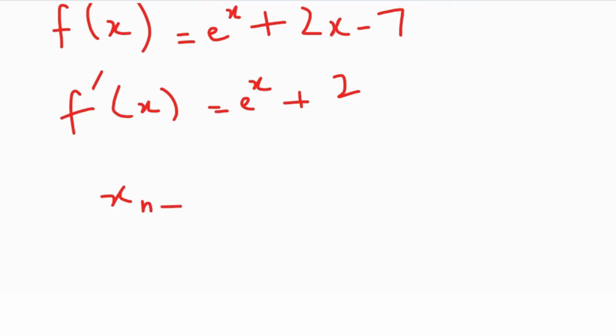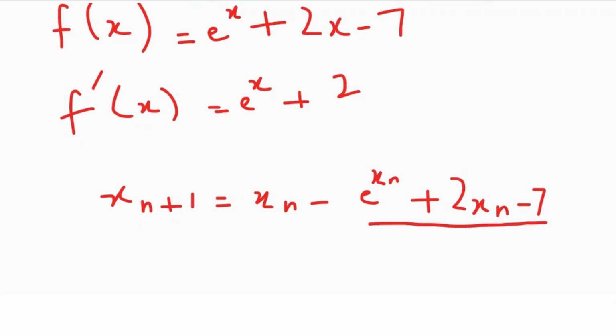x(n+1) is equal to xn. Now we are going to plug in the values: e to the power xn plus 2xn minus 7, and here we would have e to the power xn plus 2.